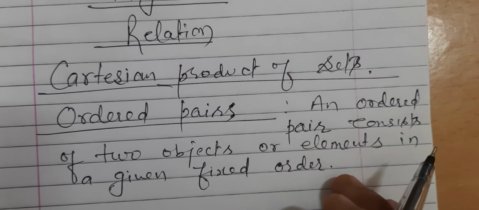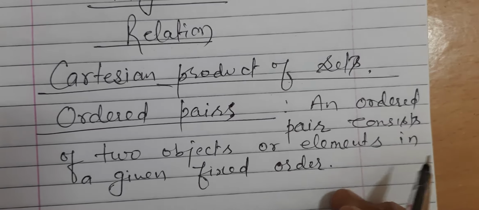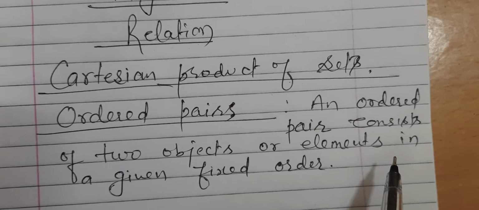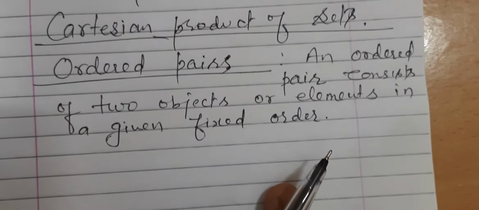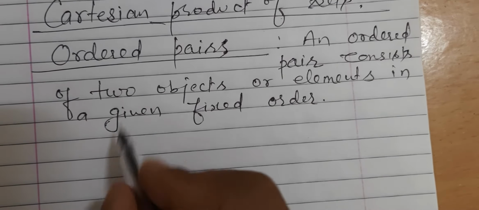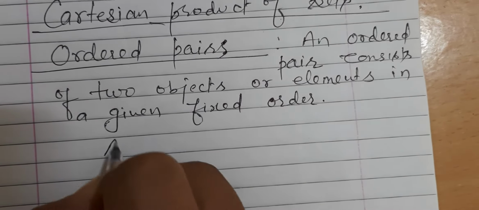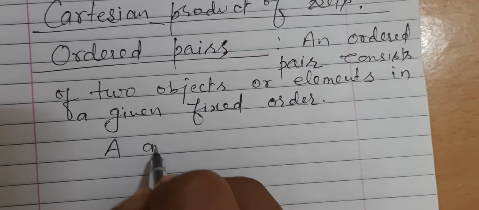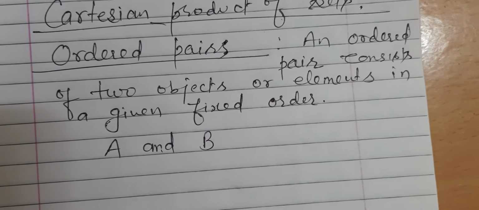So an ordered pair consists of two objects or elements in a given fixed order. In simple words, if we are given two sets A and B, if you remember, we define sets with a capital letter.